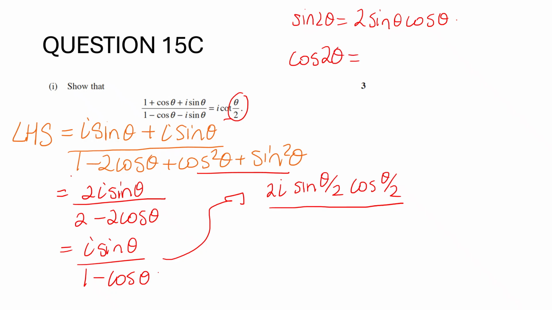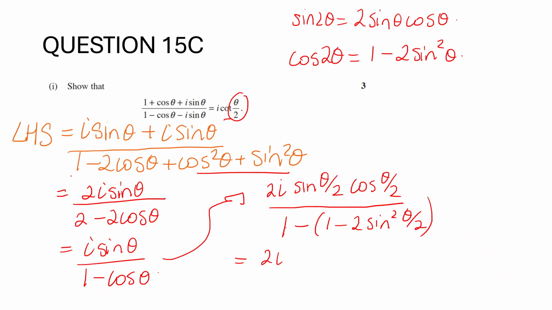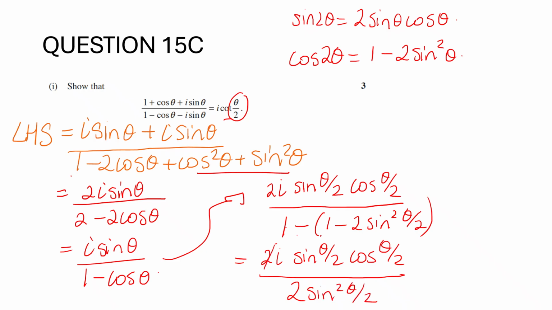So cos squared minus sine squared, let's get the sine version, 1 minus 2 sine squared theta. So on the denominator we'll have 1 take away 1 minus 2 sine squared theta on 2, which is equal to 2i sine theta on 2 cos theta on 2, all over 1 take 1 is 0, 2 sine squared theta on 2. The 2's cancel.